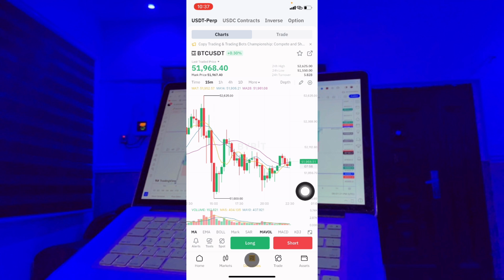Okay, so if I click on the derivative section, what I want you to know is that on Binance the feature is called USDT futures, on KuCoin it's called futures, but on Bybit we call it derivatives. Okay, so you are going to click on the middle button.